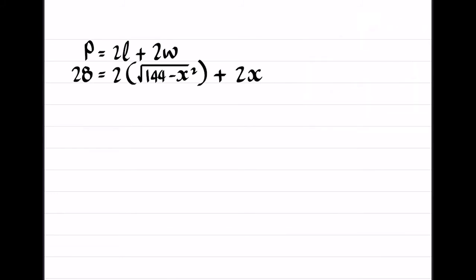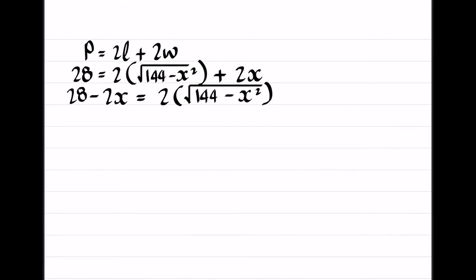So now I'm going to start reordering this. I want to isolate that surd. In order to isolate that surd, I'm going to take the 2x to the other side. So I'm going to have 28 minus 2x equal to 2 into the square root of 144 minus x squared.